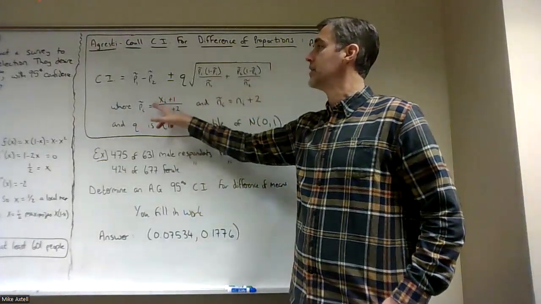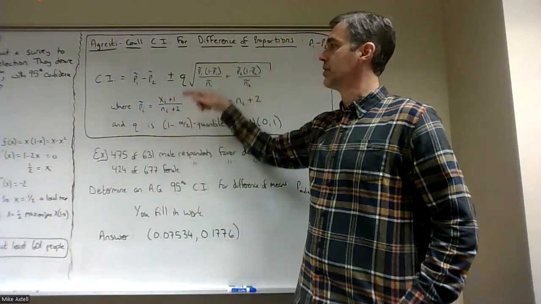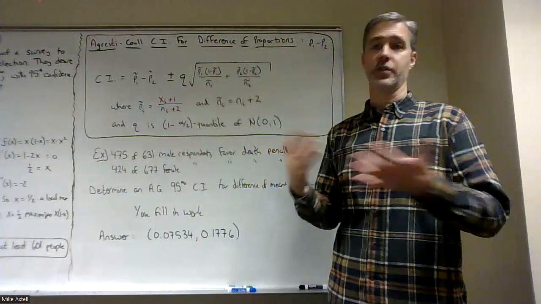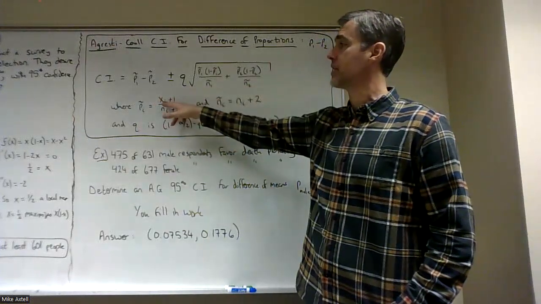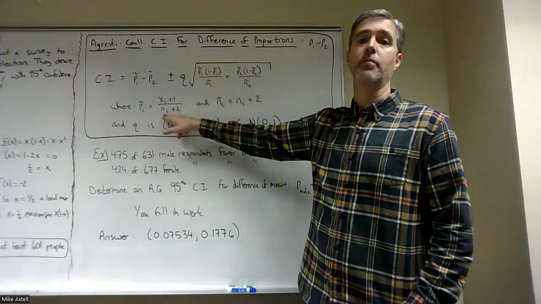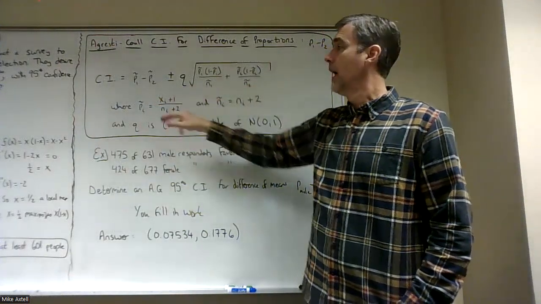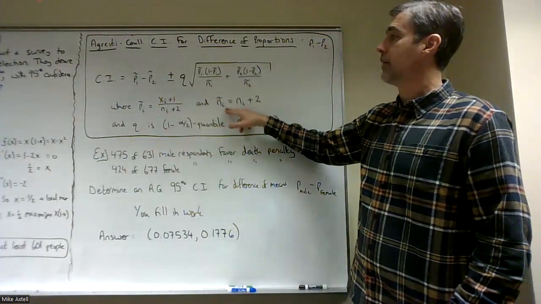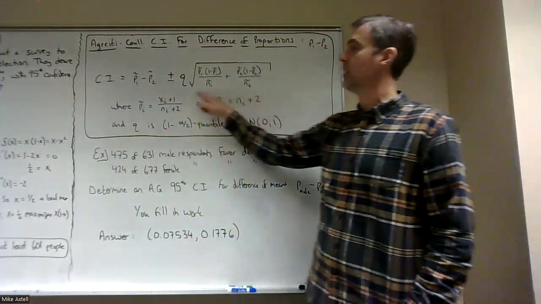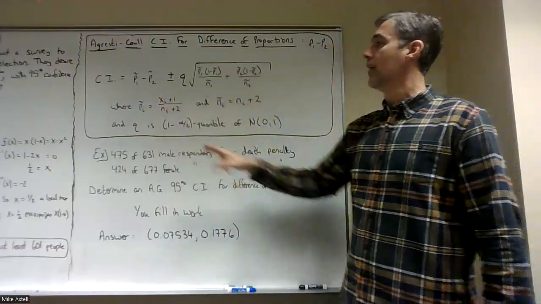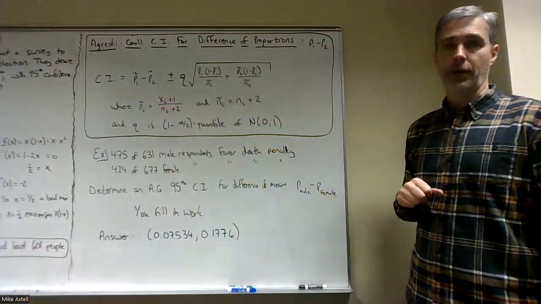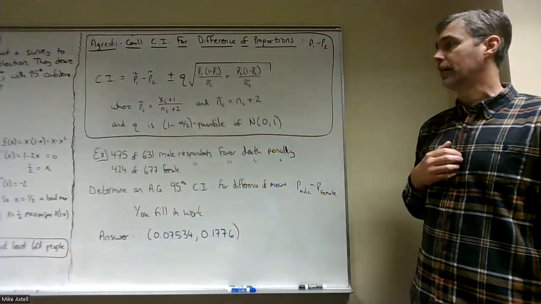The p tilde is xi plus 1 over ni tilde, where ni tilde is ni plus 2. So xi was the number of successes in the ith population, the first versus the second population, and ni is the number of people in the ith population. We've seen those expressions before. And then q is going to be the alpha over 2 quantile from N(0,1), standard normal, right?